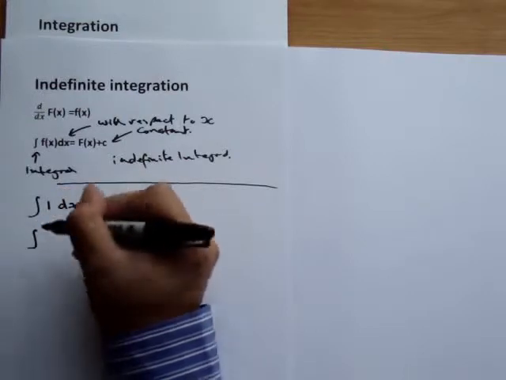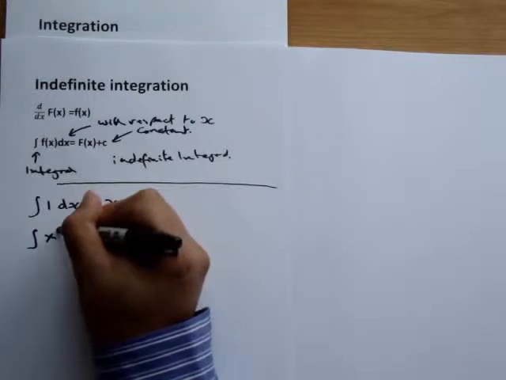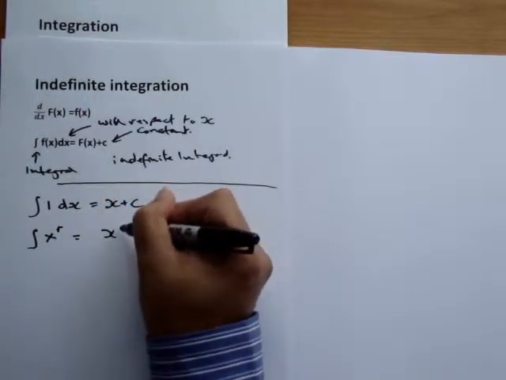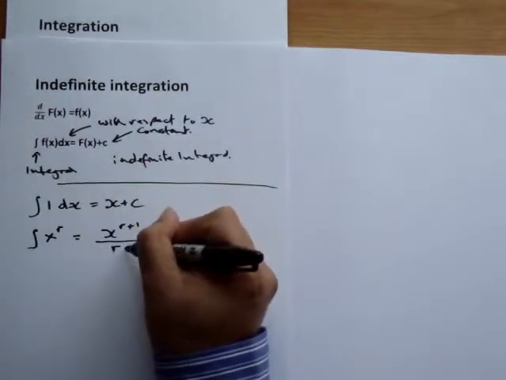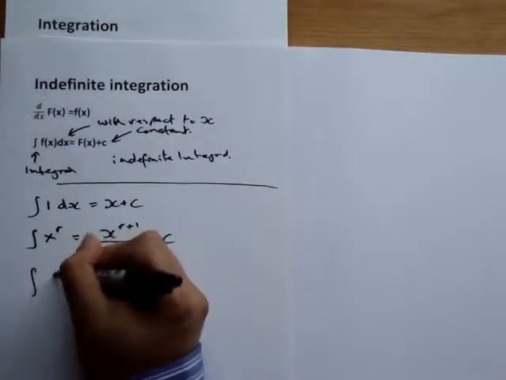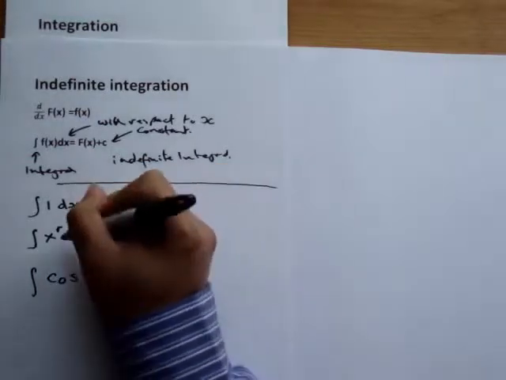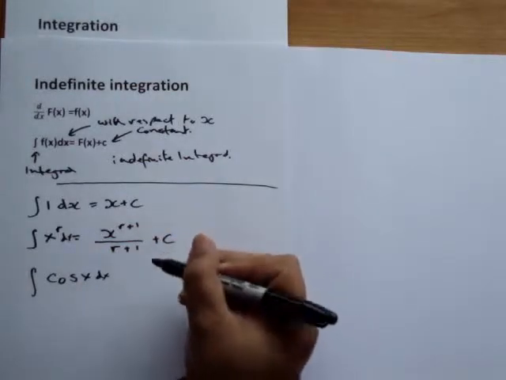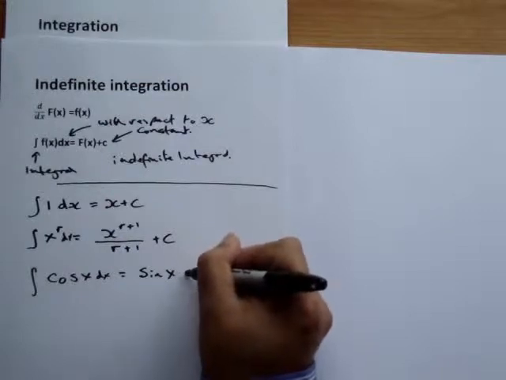The integral of x to the power r equals x to the r plus 1 over r plus 1 plus c. The integral of cos x, so I missed the dx there, we're integrating with respect to x, equals sine x plus c.